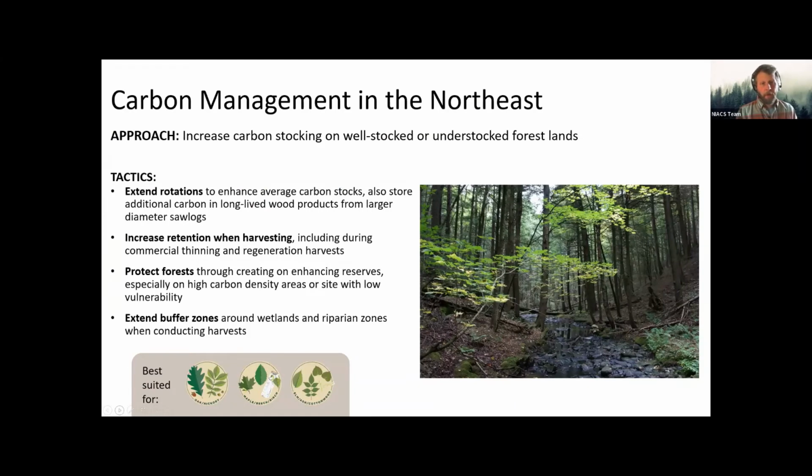So when we think about carbon management, I think one place where people oftentimes start is thinking about things like extended rotations. What are some of the ways that we can increase stocking on places that are already well stocked, or maybe they're understocked, and we want to think about how we can increase the stocking on those stands? Obvious benefits from increasing carbon stocking if it's appropriate. And so, extended rotations is one way to do that.